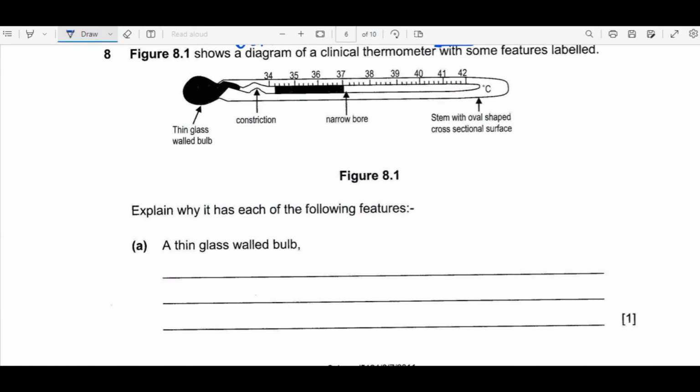Then figure 8.1 shows a diagram of a clinical thermometer with some features labeled. Explain why it has each of the following features. The first one, a thin glass walled bulb: to conduct heat easily.